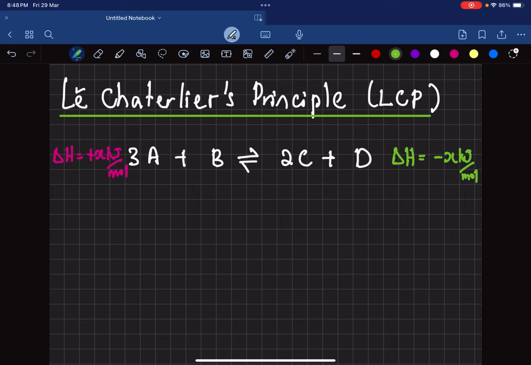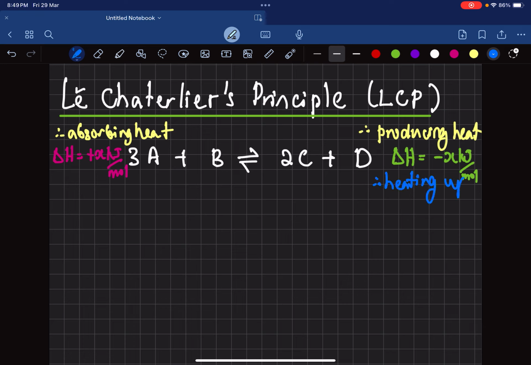So basically what do we know? The forward reaction is exothermic, that means it is producing heat. The reverse reaction is endothermic, that means it's absorbing heat. Another way of looking at it is this is heating up the system or surroundings.